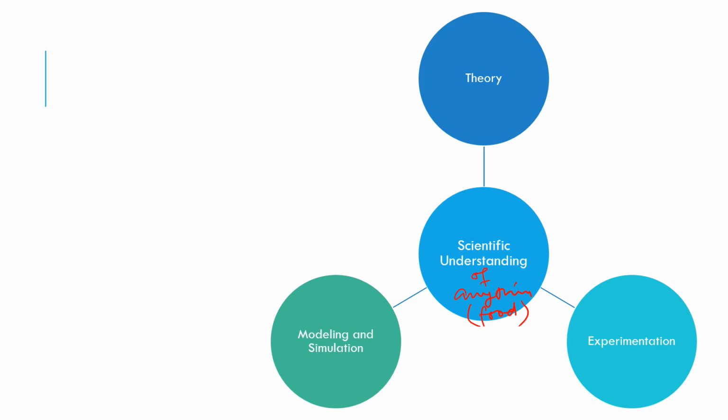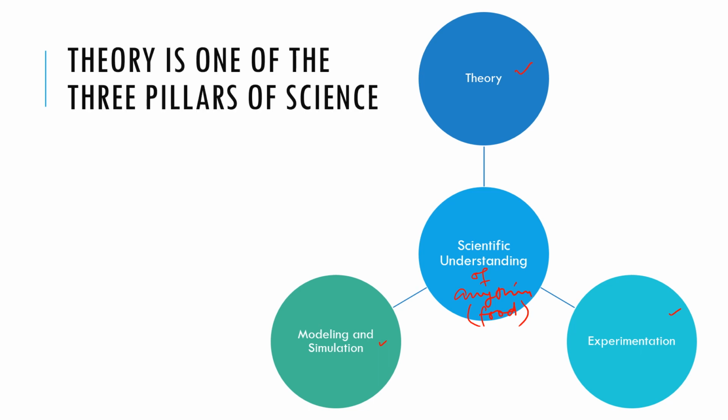It sits on a three-legged stool: theory, modeling and simulation, and experimentation. So theory is one of those pillars of science, and it gives us the framework to understand a process or a product as part of a larger, better understood science.